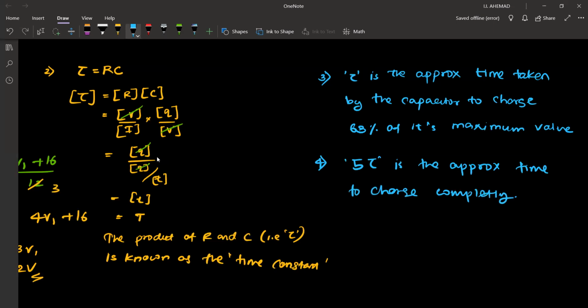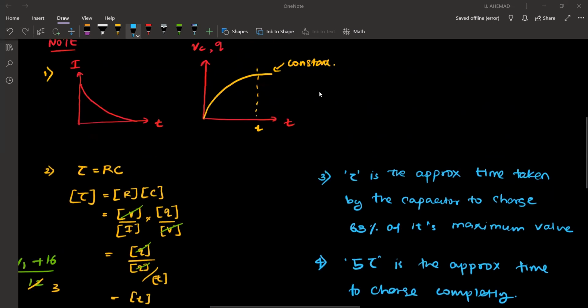Okay. Once you have noted up to this step, and the idea about tau is clear, right? What is tau?